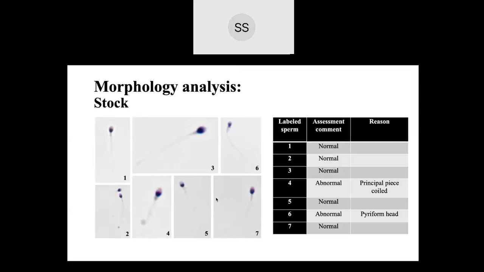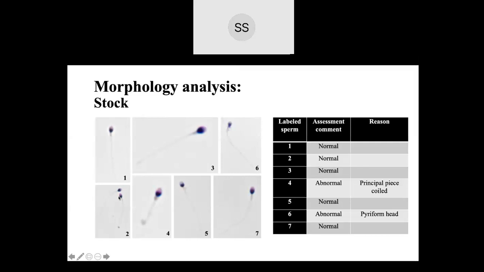So next we did the morphological analysis of the cells. A normal sperm cell has to have an oval shaped head, a long tail about 45 micrometers long, no large vacuoles, and it should be filled with 40 to 70% acrosome.